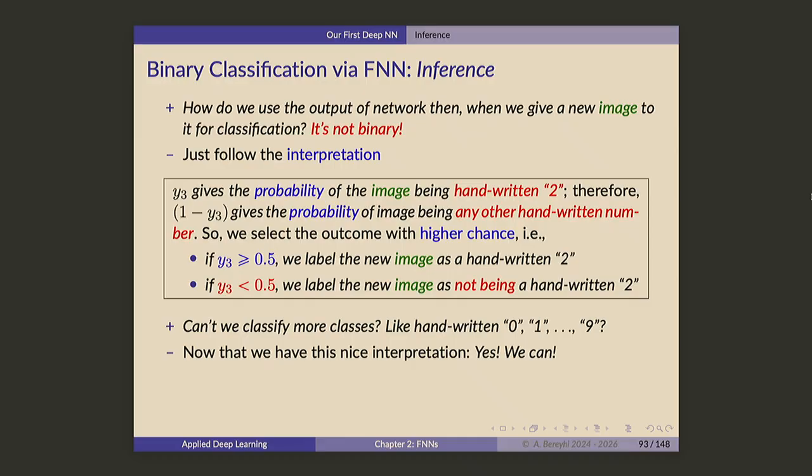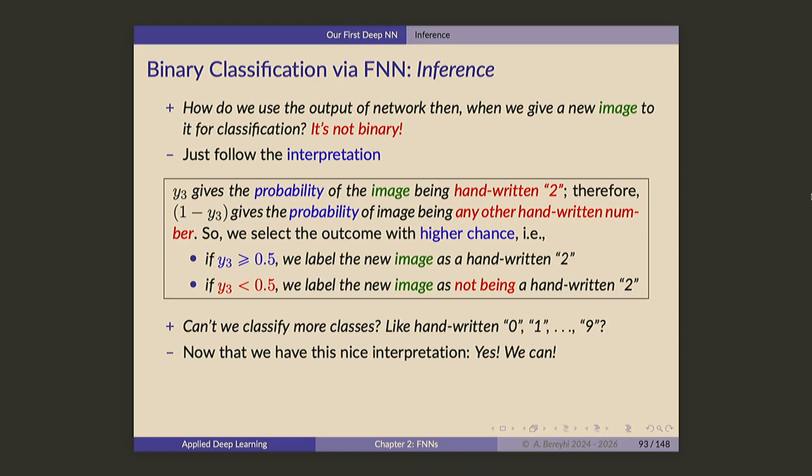So it says the chance of being 2 is 95%, and you would say, okay, it's 2. But at the end of the day, you never do anything completely deterministic. You are not 100% sure anyway. Any model could have error. Everybody's cool? Questions?